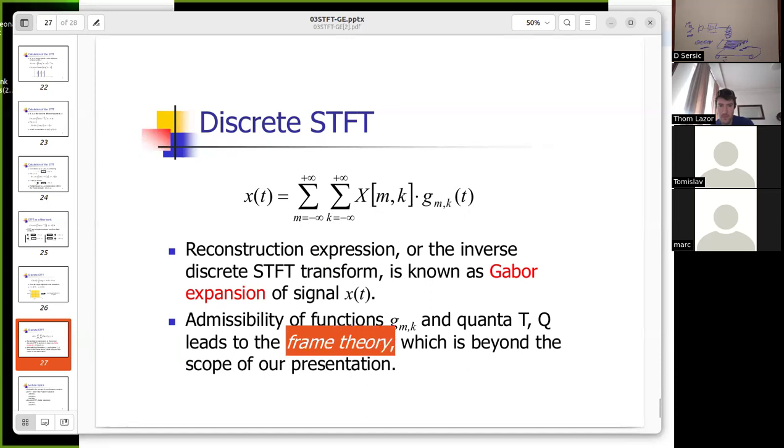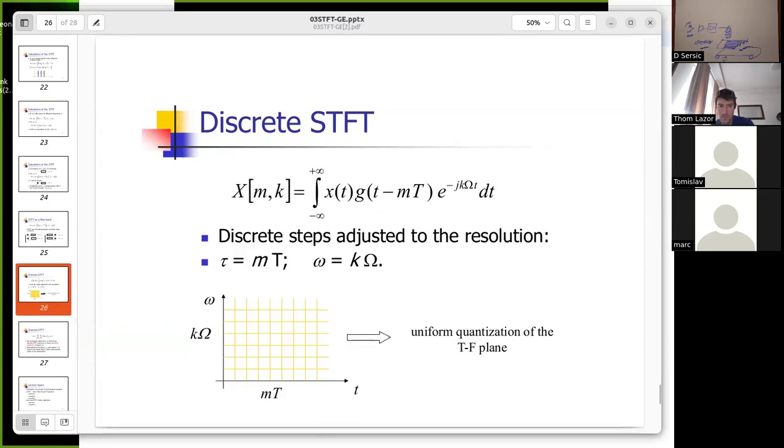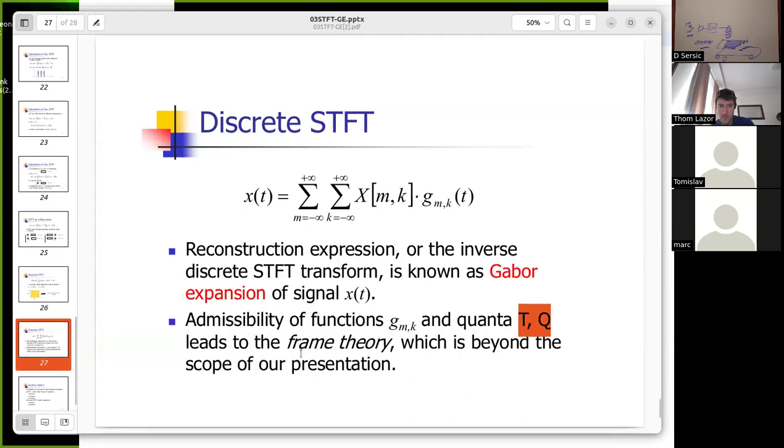It is beyond the scope of our presentation, but I can only say that the quanta must be small enough, so the grating must be dense enough to provide that such a reconstruction is possible, that the inverse equation is possible.